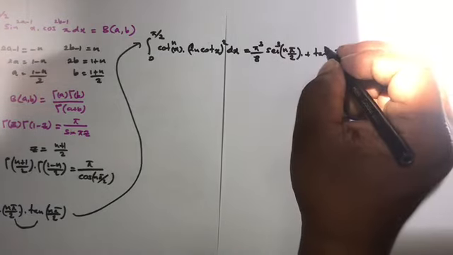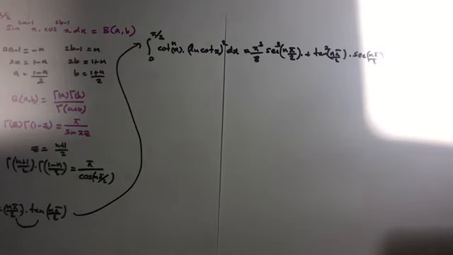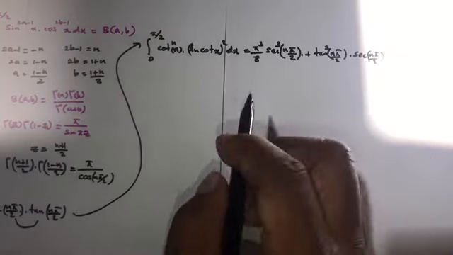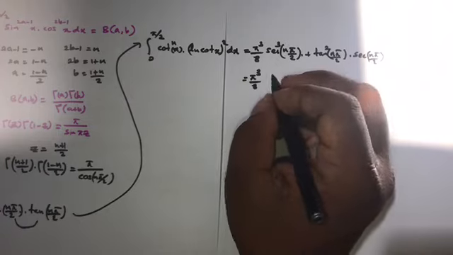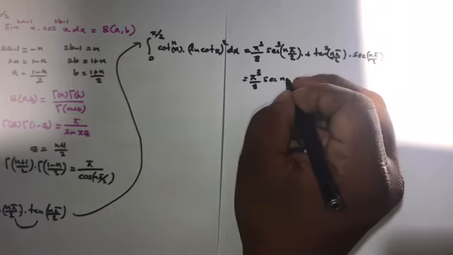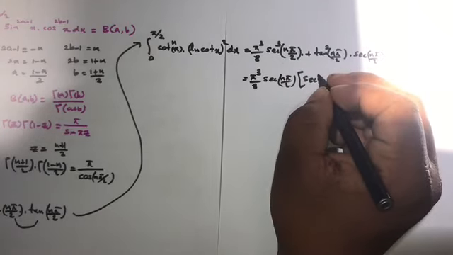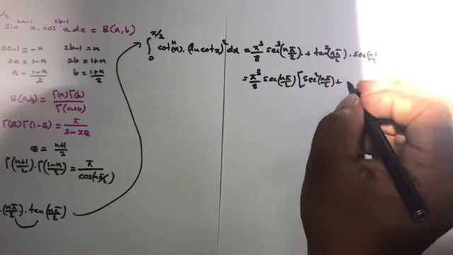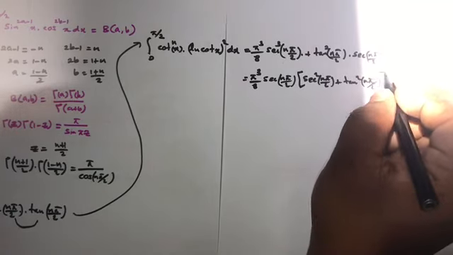So here we can write tan squared of n pi over 2. Okay, then if you want you can take secant n pi over 2 as a common factor. So pi cubed over 8 times secant n pi over 2 times secant squared of n pi over 2 plus tan squared of n pi over 2.